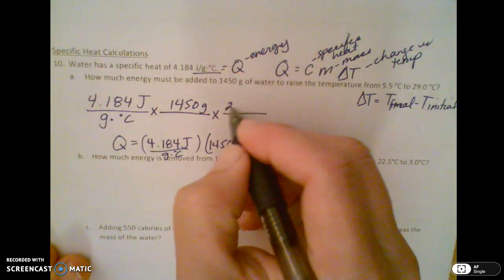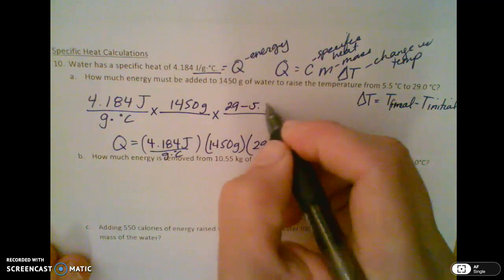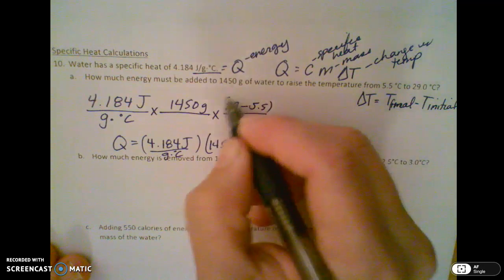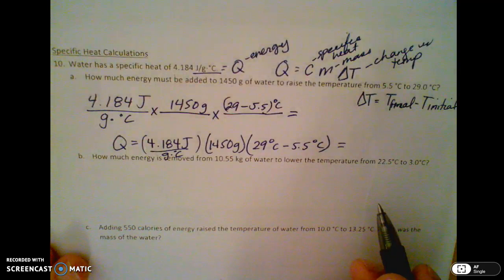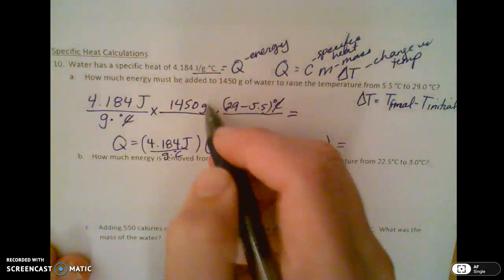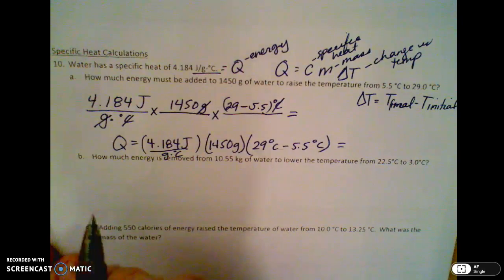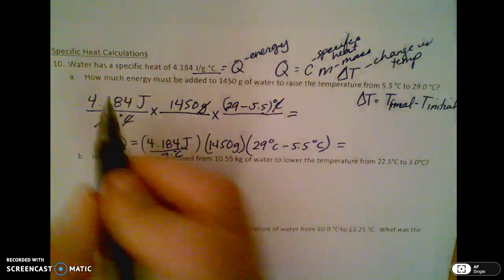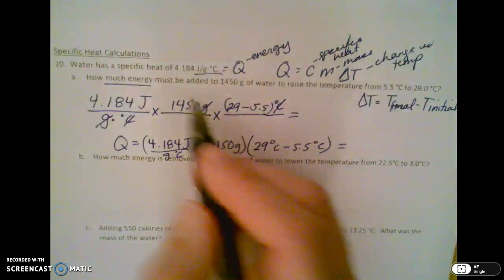So that's going to be 29 minus 5.5 degrees Celsius. So we'll go ahead and do that. And equals. And then if you look at this, you will see that you can cross out Celsius and grams, and you are left with joules, and joules is a unit of energy, and we are asked how much energy. So this is energy added.